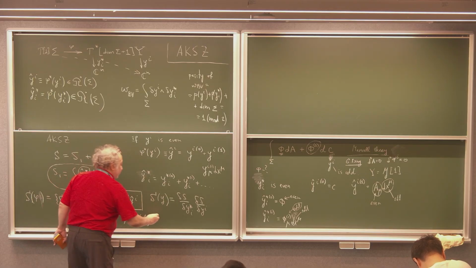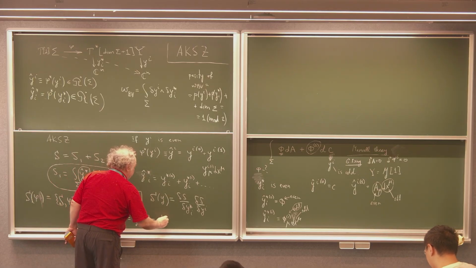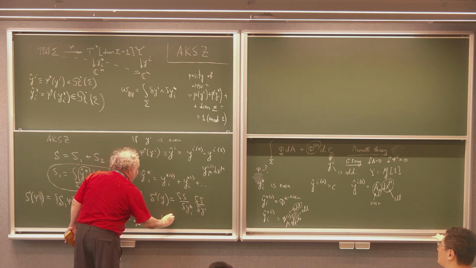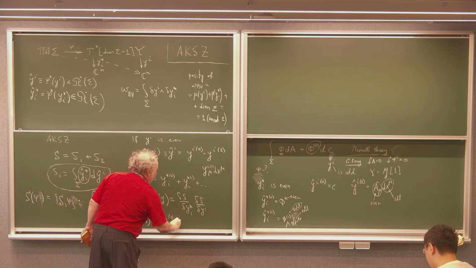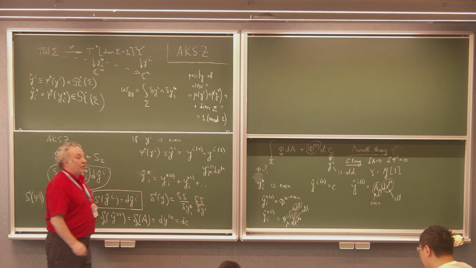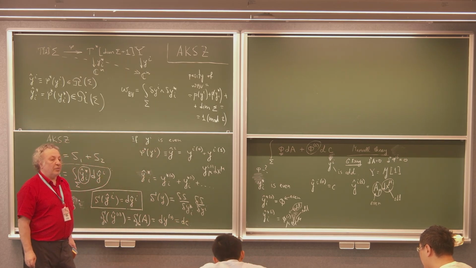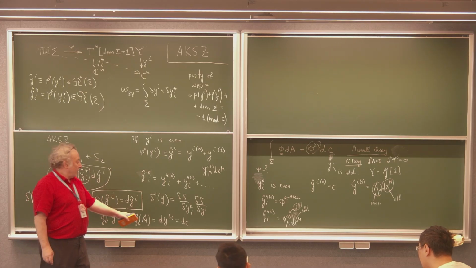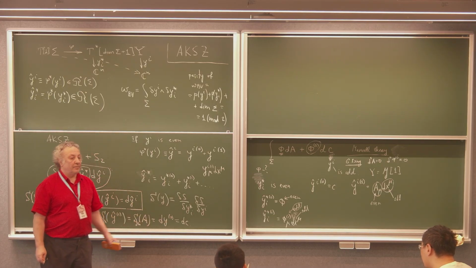The zeroth component of y is dc. So this is the standard BRST transformation. It takes A to C.